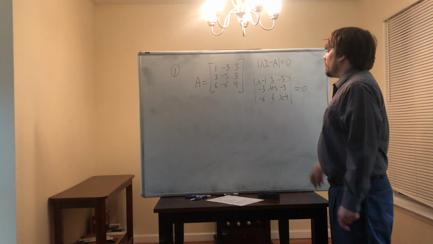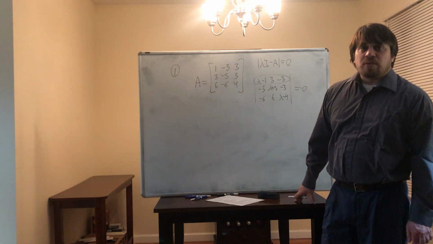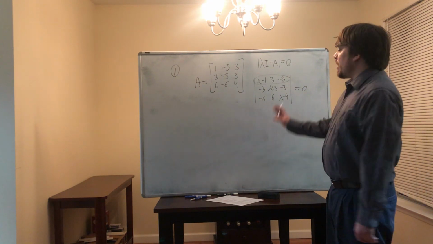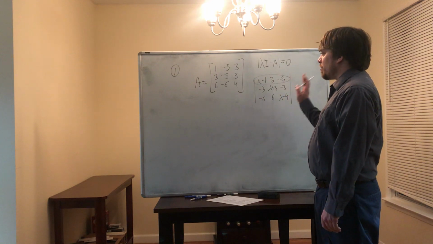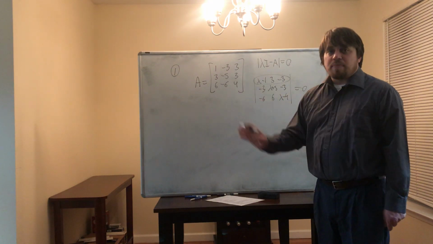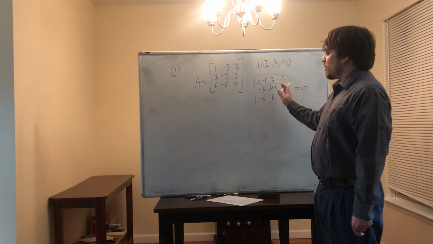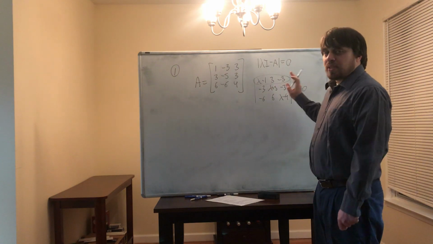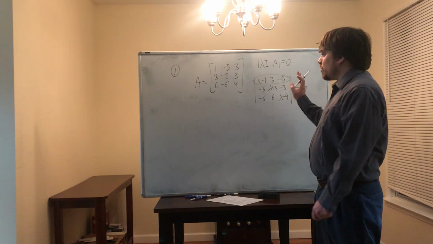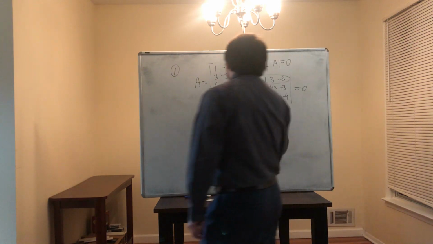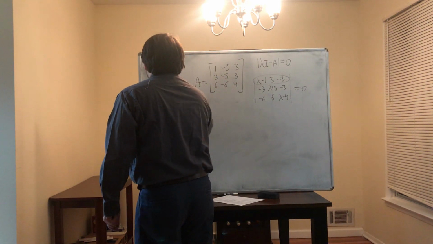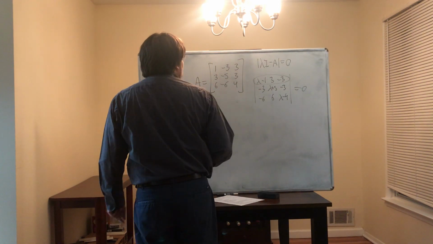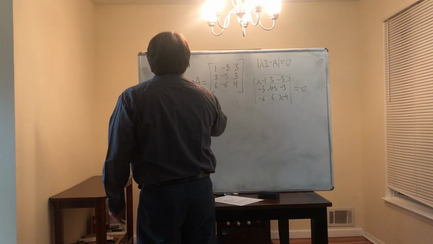So take the cofactor expansion along the first row of that matrix. The cofactor expansion along any row or any column of a matrix gives the determinant of that matrix. So we find the cofactor expansion along the first row, and the number you get is equal to the determinant of that matrix by definition. And so the cofactor expansion along the first row of that matrix, you get this.